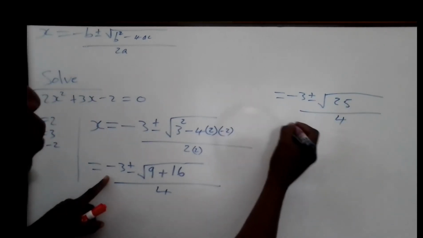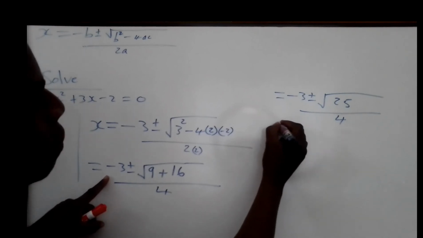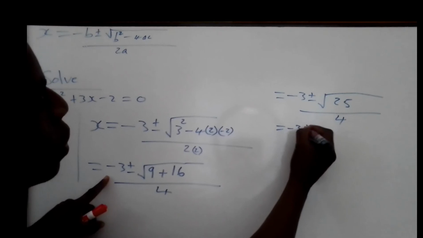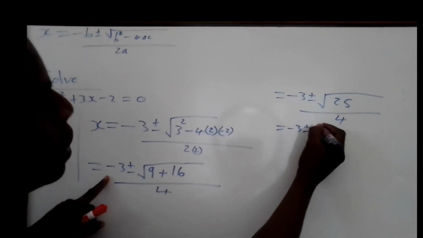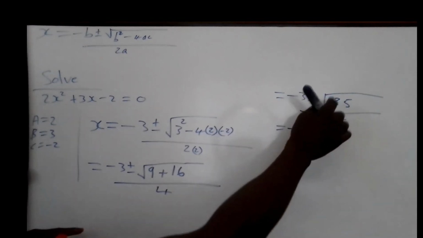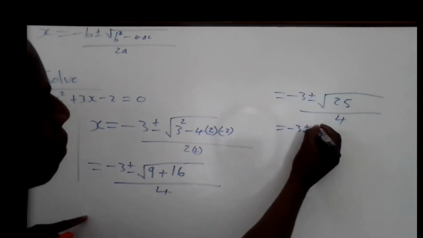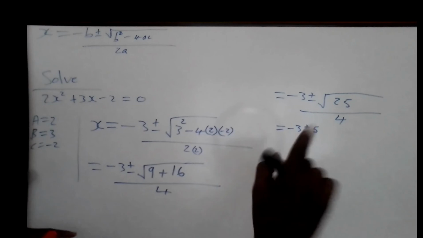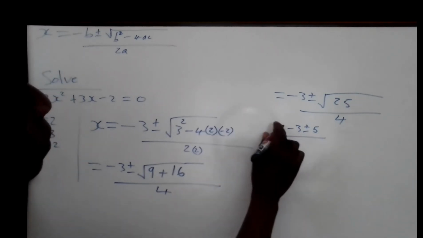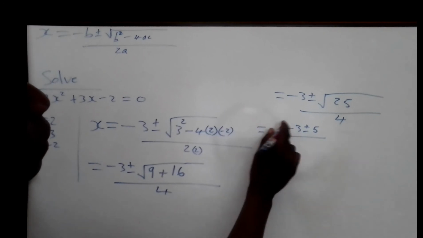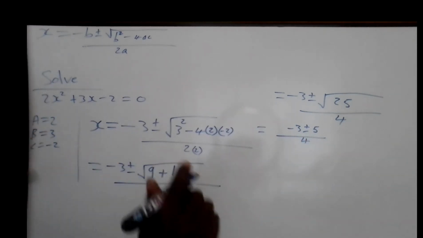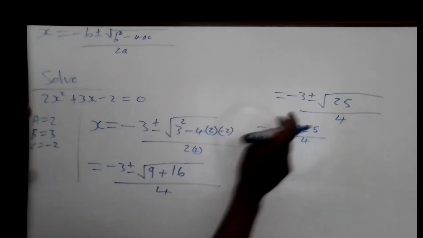The square root for 25 is 5, so we have equal minus 3 plus minus. This time I am going to remove the square root and write 5 because 5 squared is 25 all over 4. Remember, we're going to get two answers because we have plus and minus.